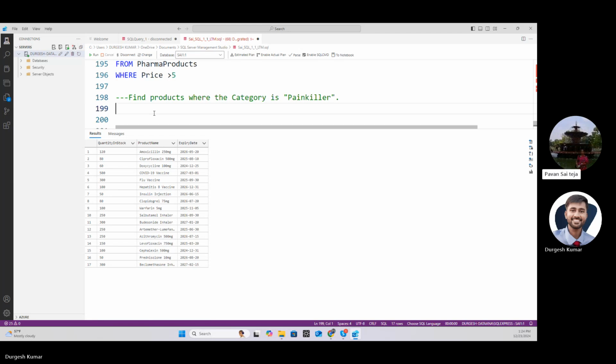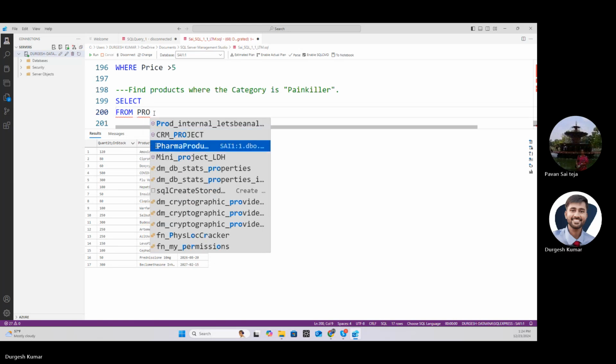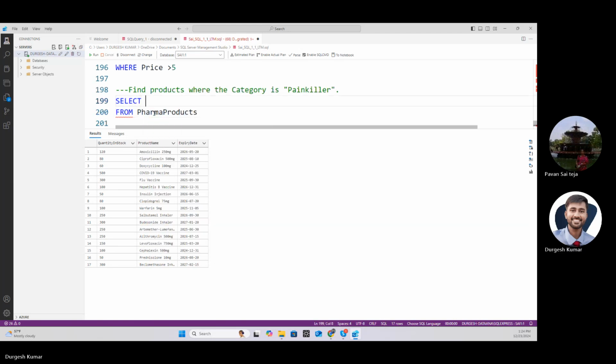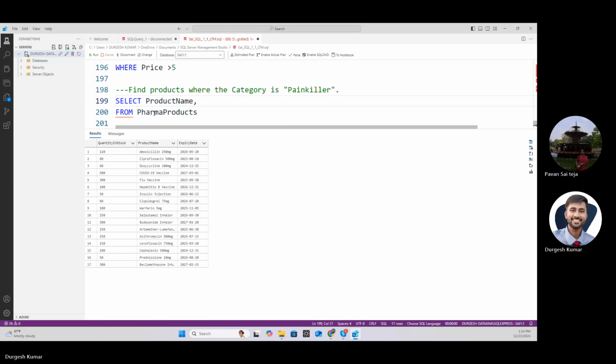So again, select from pharma products, and next we just need to write select product name, category, manufacturer.